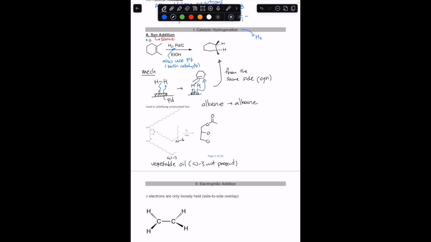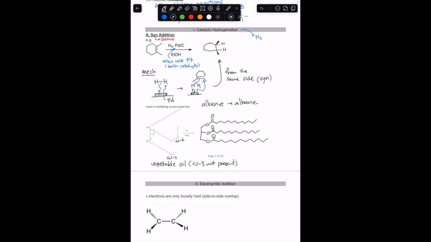you're going to get more of a... I'm not going to be consistent with the number of carbons here just because I don't want to spend time counting the number of carbons, but what I'm trying to show, that's a horrible chain, is that it's going to be an alkane chain.